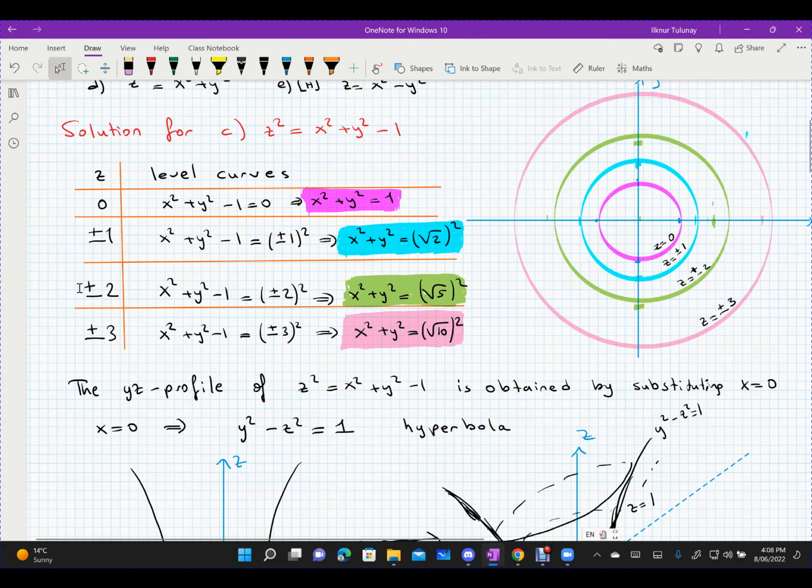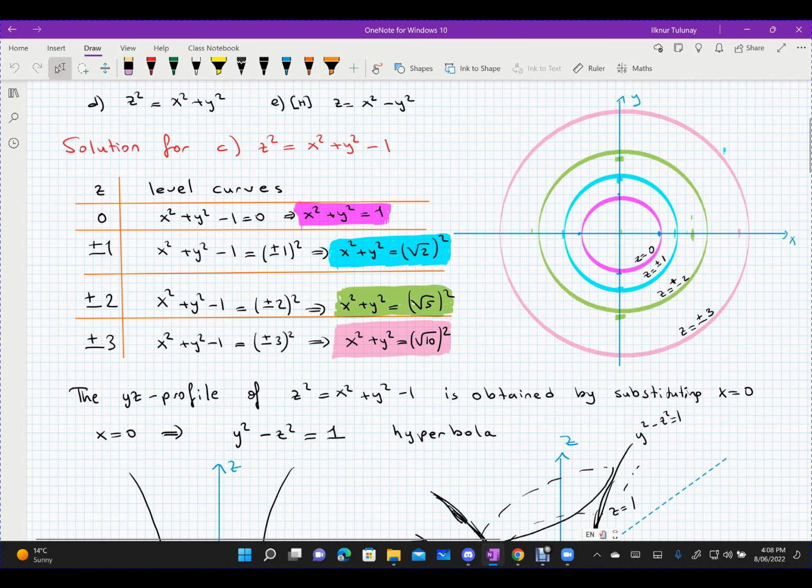For z is equal to plus or minus 2, we have a circle with radius root 5. That's the green one. For plus or minus 3, the level curve will be the circle with radius root 10, which will be the red circle. So this is the projection in the XY plane.